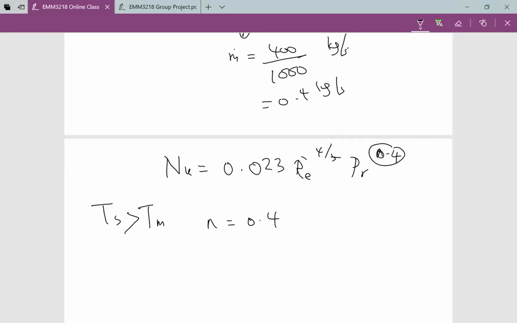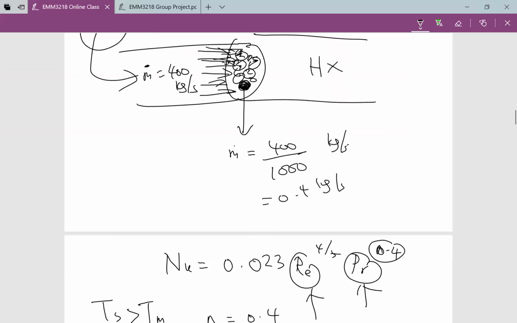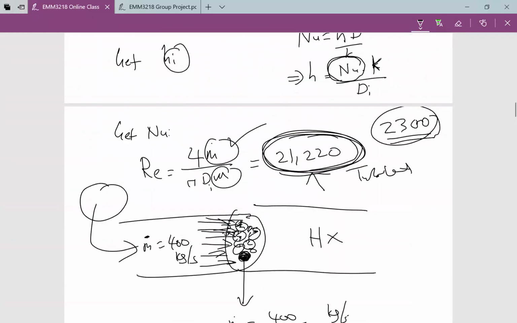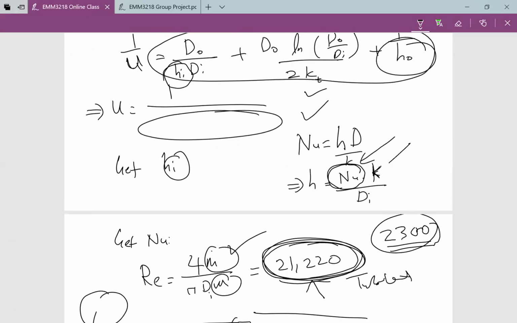So you plug in the Reynolds number and Prandtl number, and you get the Nusselt number. I don't have it here, but you can calculate that. Once you get the Nusselt number, you plug in the k and D to get h, and h in my solution is 3,400.